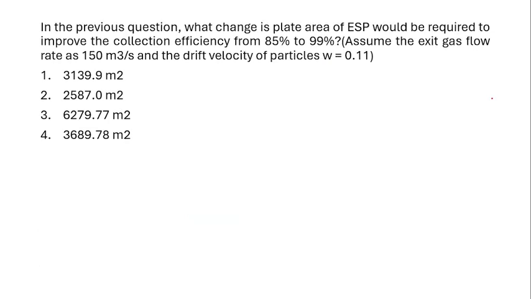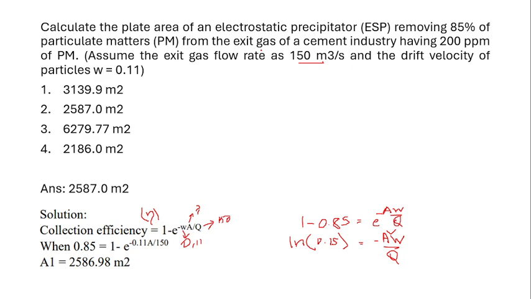And the next question is, in the previous question, what change in plate area of ESP would be required to improve the collection efficiency from 85 to 99%? So already the question is telling that 85% is the efficiency.